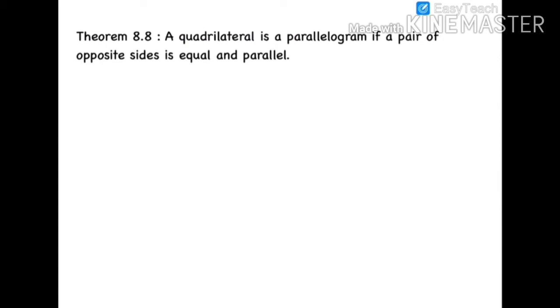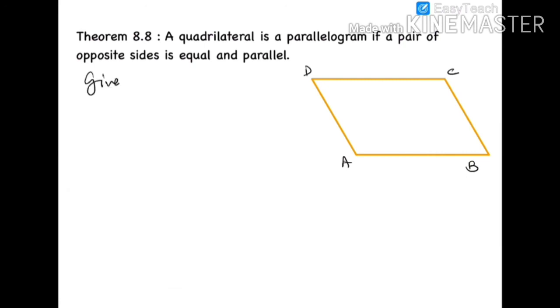So what are we given in the question? We are given a quadrilateral in which a pair of opposite sides is equal and parallel. Let's consider a quadrilateral ABCD. In this quadrilateral, we are given a pair of opposite sides equal and parallel.